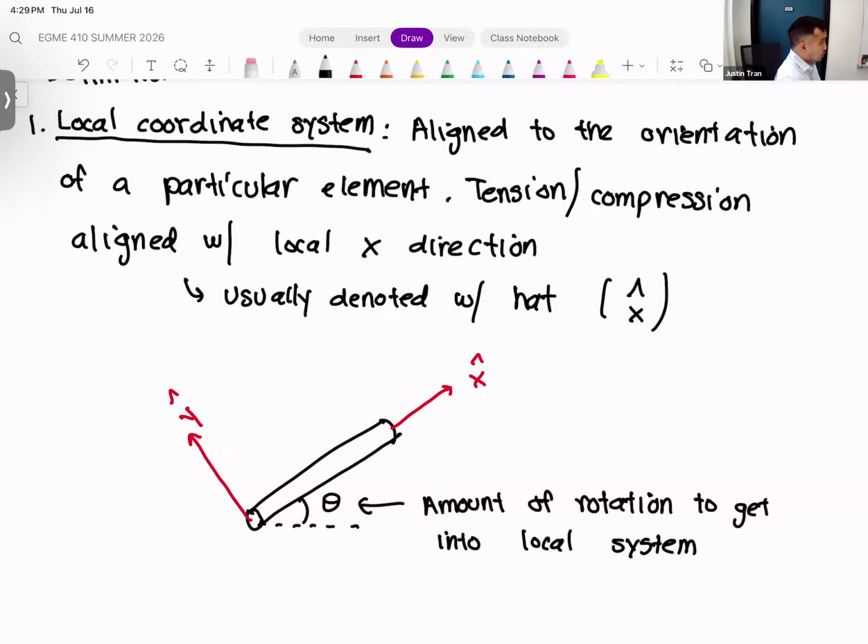Okay, so that's the local system. So the local system is oriented to match the orientation of the element itself.